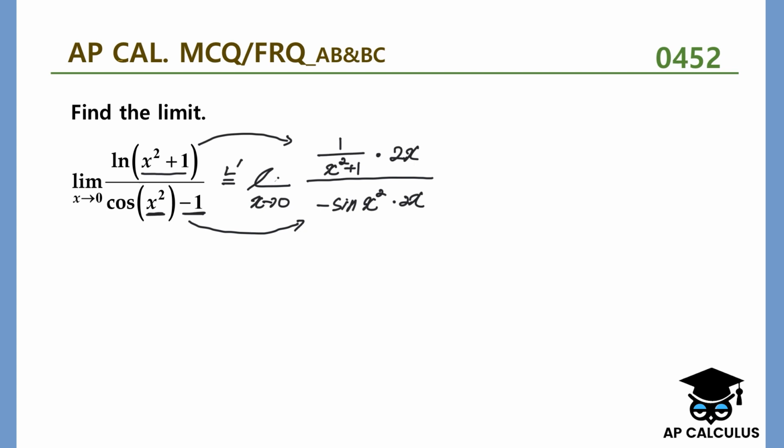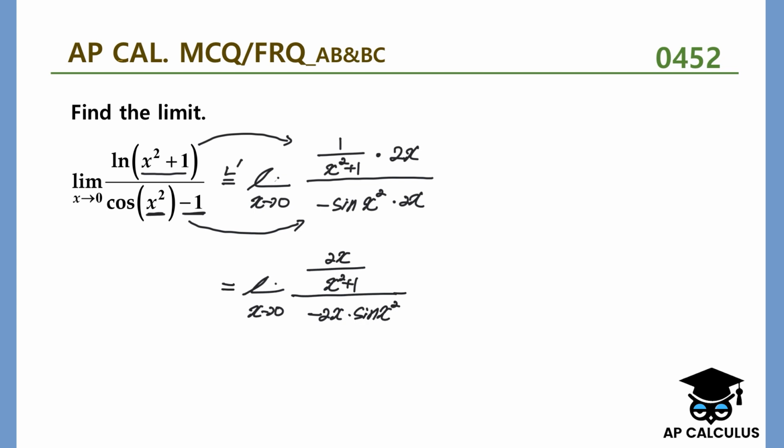So let's simplify this. This is quite complicated, right? This is going to be equal to the limit as x approaches 0 of 2x over x squared plus 1 over negative 2x sine x squared.